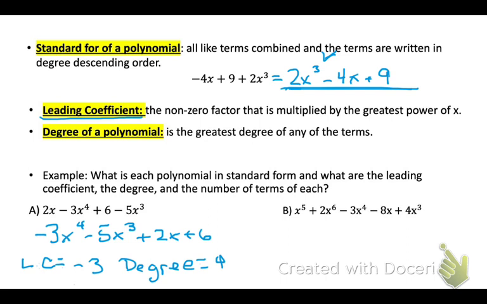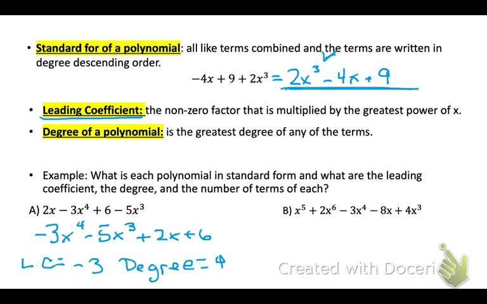Now, I will tell you, when you're in Algebra 1, when they give you the degree, they give you all these weird cases. Typically, how many variables do you have in one equation? One, right?